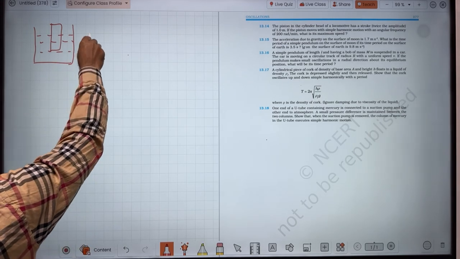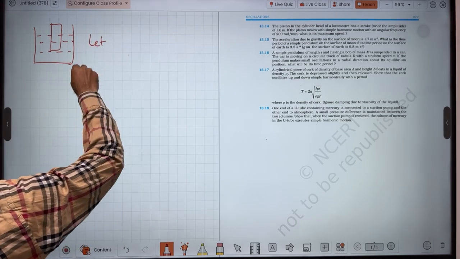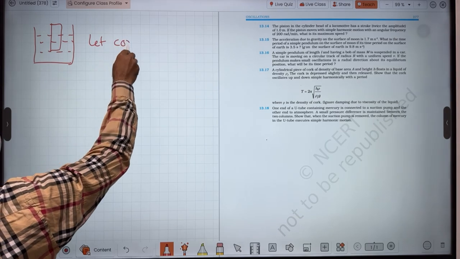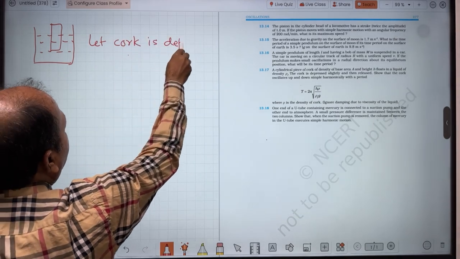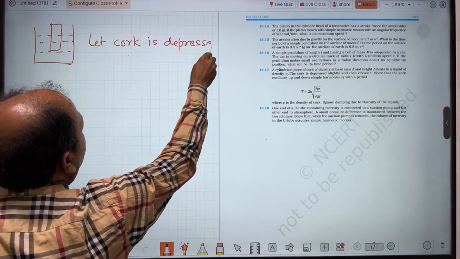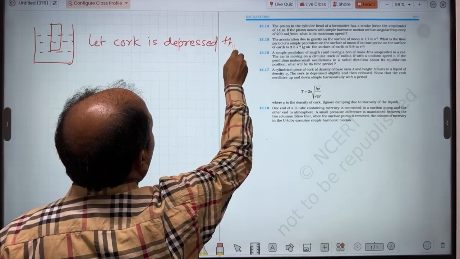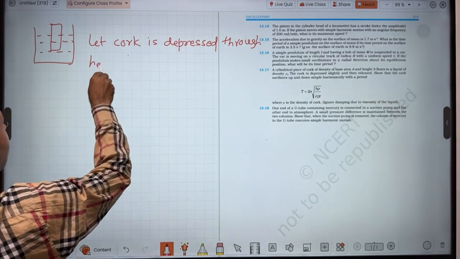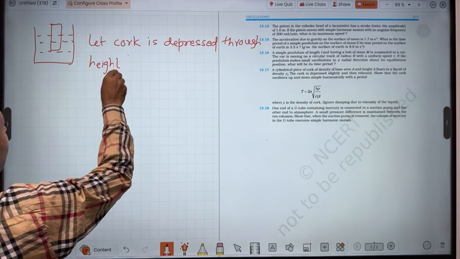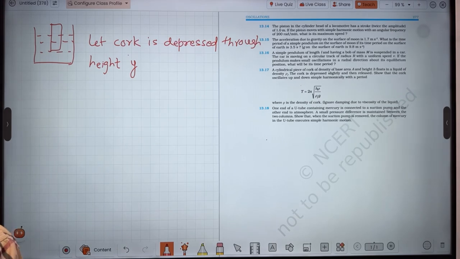So let the cork be depressed through height y. Since it is depressed, there will be an upthrust force, so we can calculate that force.